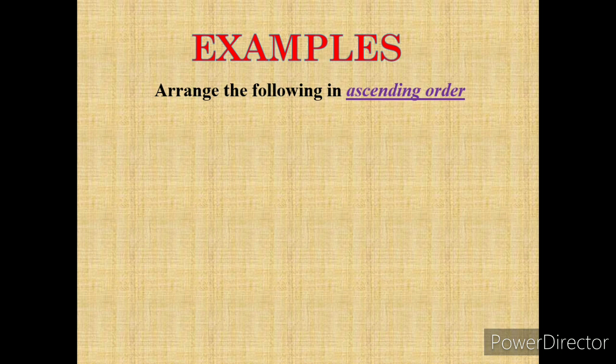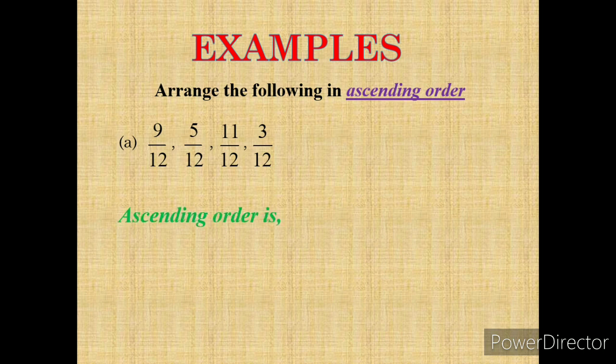We have four fractions: 9 upon 12, 5 upon 12, 11 upon 12 and 3 upon 12. You can see all the fractions are like fractions. The denominator of all the fractions is same. Now what is the ascending order? You know that greater the numerator, greater is the fraction, which means smaller the numerator, smaller is the fraction.